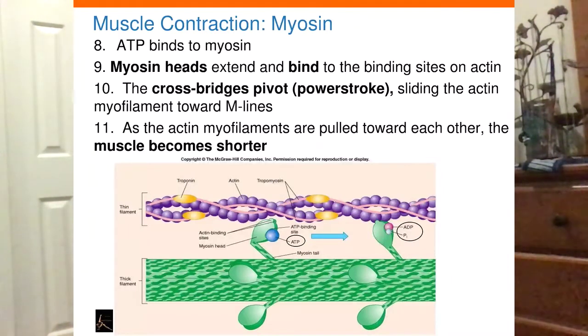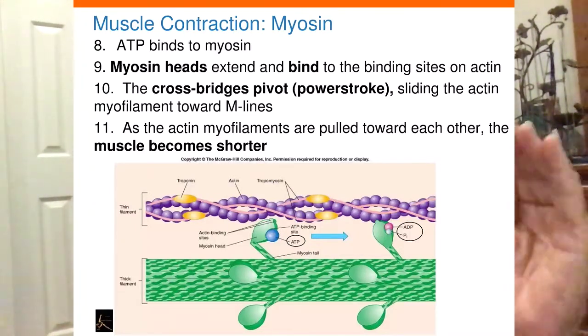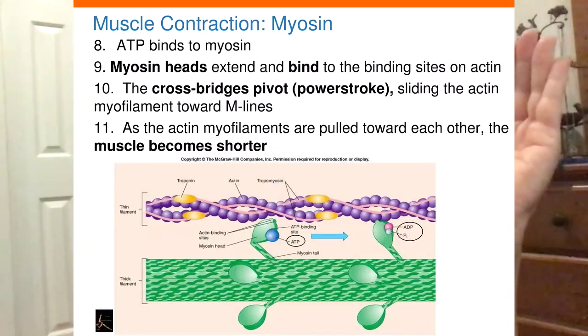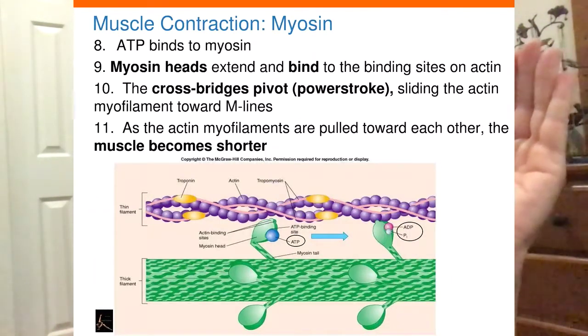Okay, so it's not ATP anymore because we broke that bond. That released energy to allow the myosin head to straighten up, and lift up and bind to the exposed active site.